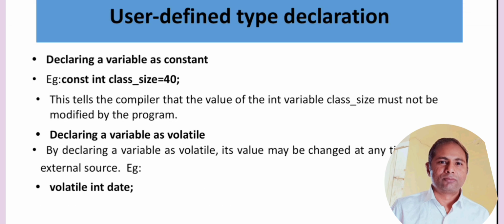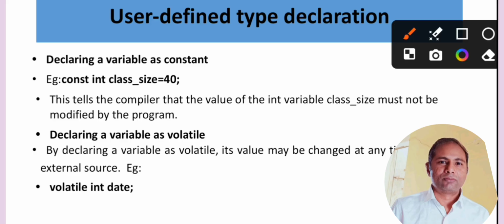Now if we talk about user defined declarations, if I want to make anything constant, then before the data type I can write the const keyword. If I write const class size 40, now I cannot change the class size, it will remain 40 only, because I have used const.